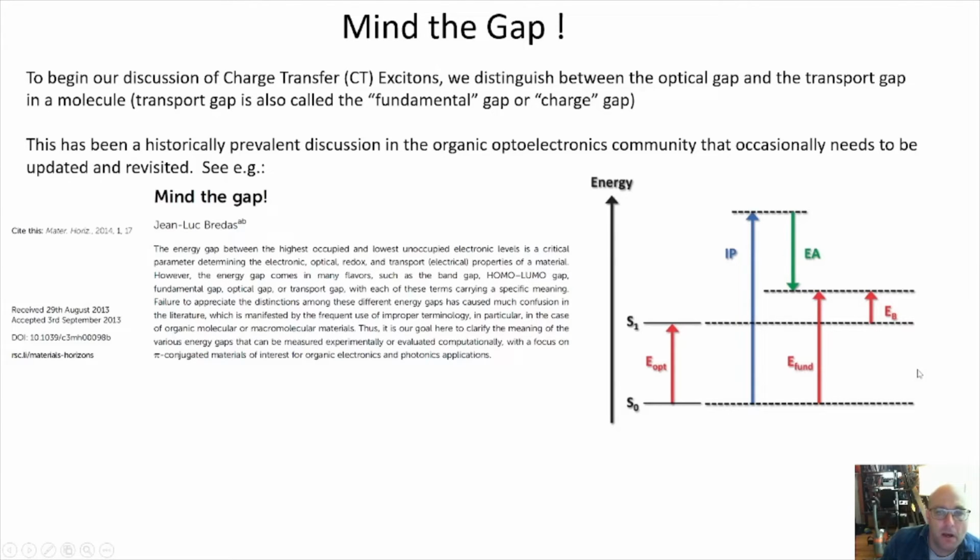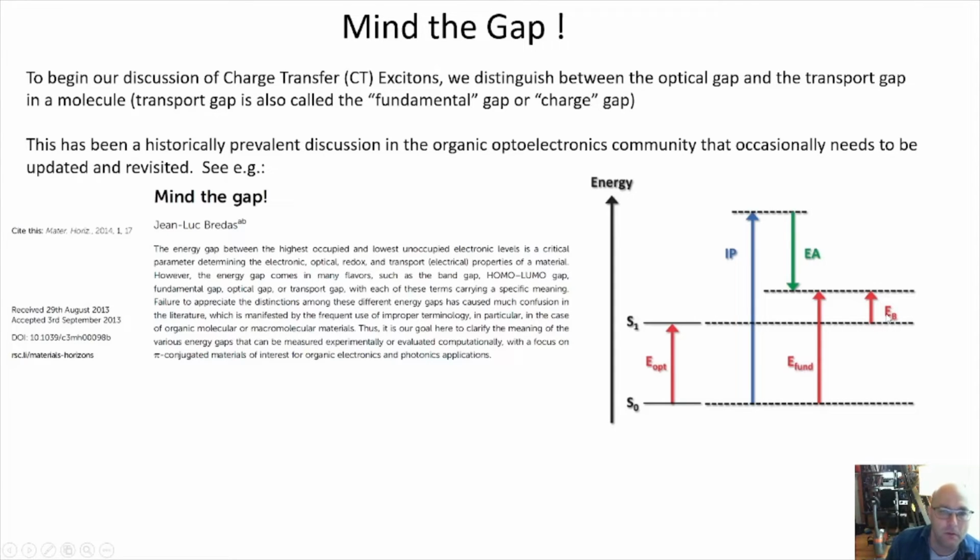Breda points out that we need to be careful to distinguish that from the transport gap, which is the difference between the ionization potential and the electron affinity of the solid, which essentially measures the excitation energy required to create separated free charges. And the difference between the two is exactly the exciton binding energy.